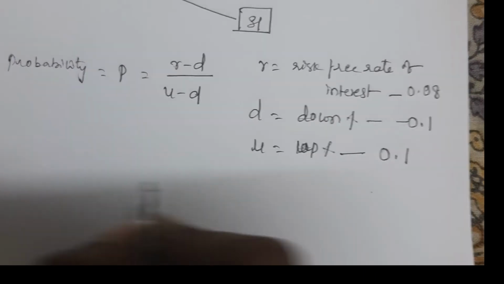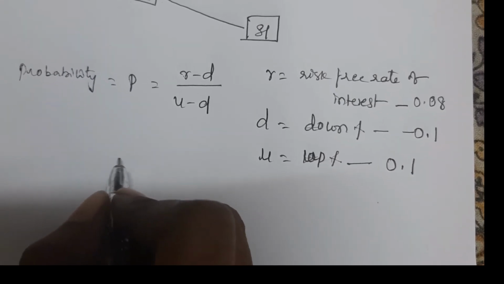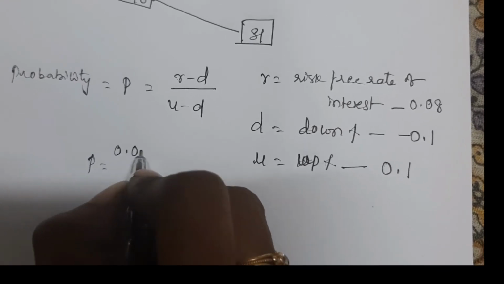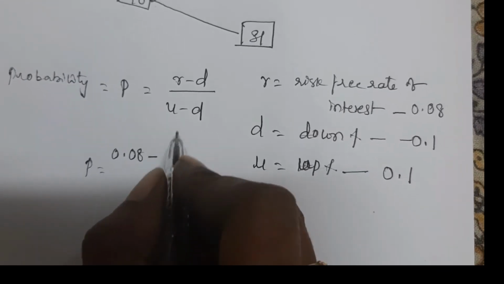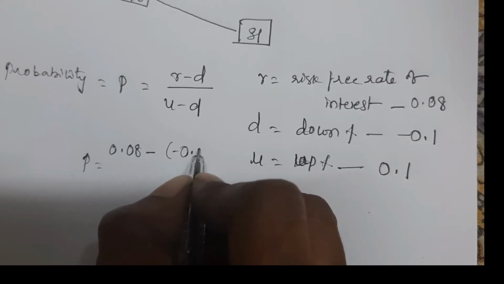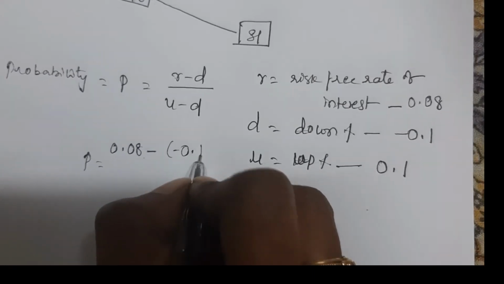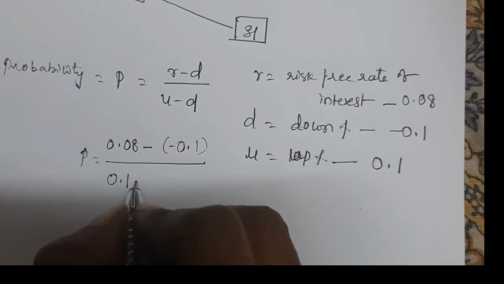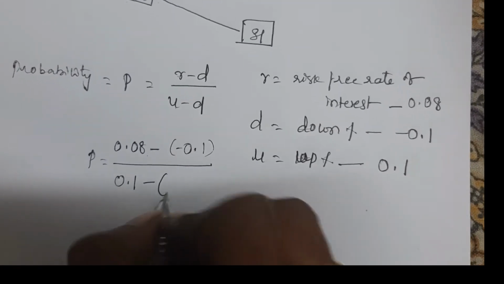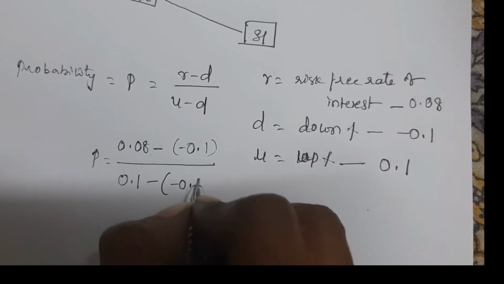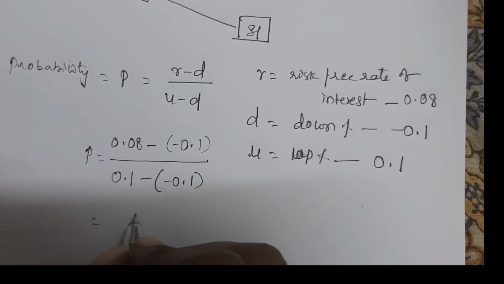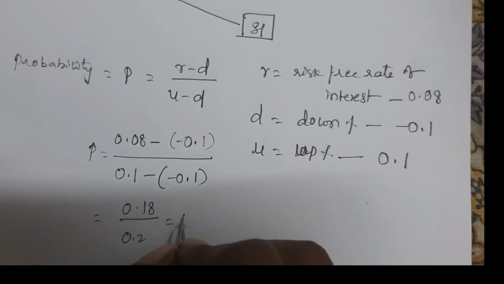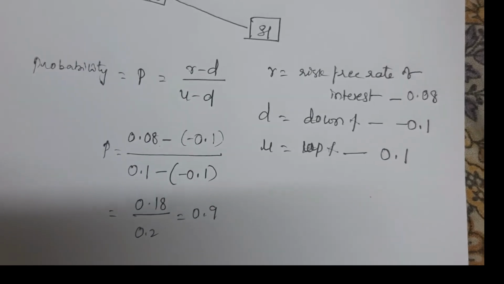Then we apply the formula of probability, where P is equal to the risk-free rate of interest 0.08 minus D, which is minus 0.1, divided by U, here 0.1, minus D, here minus 0.1. If we solve this, we will get 0.18 divided by 0.2. So the probability is going to be 0.9.